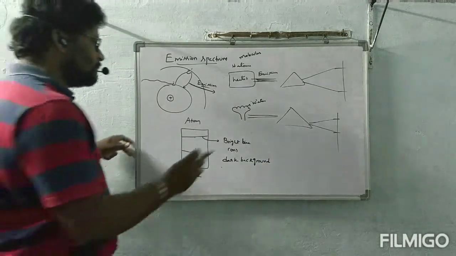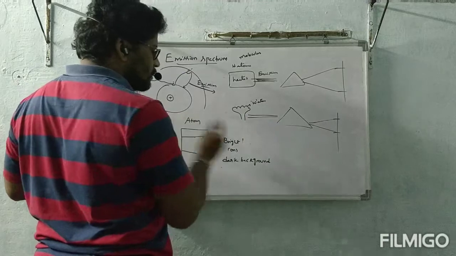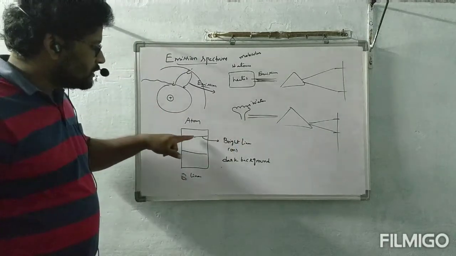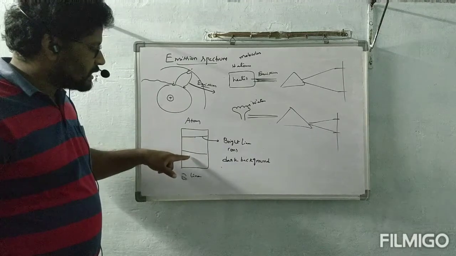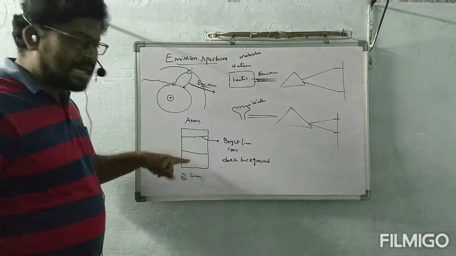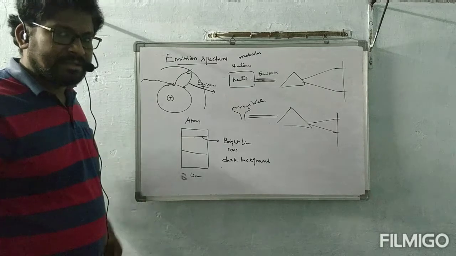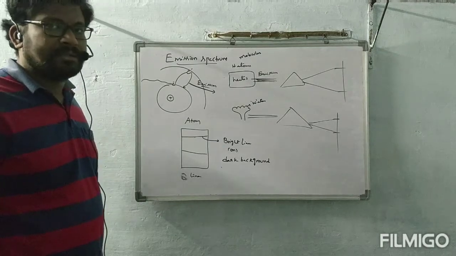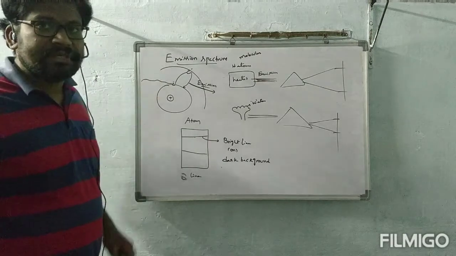What is that? Bright lines on dark background. Like this is one color and this is one color. Colored lines, background black. This is about emission spectrum.